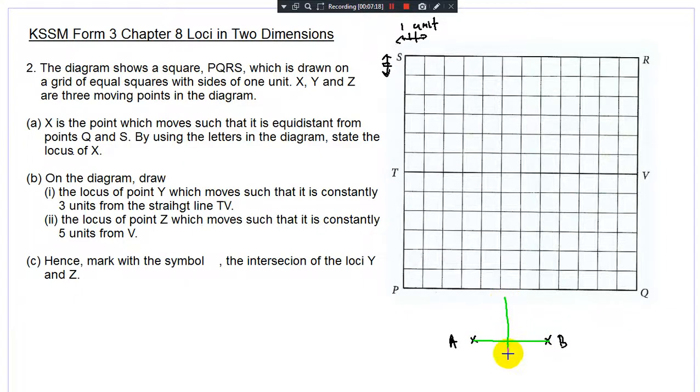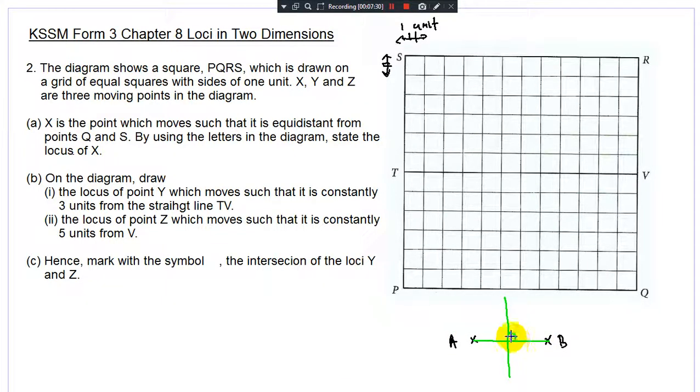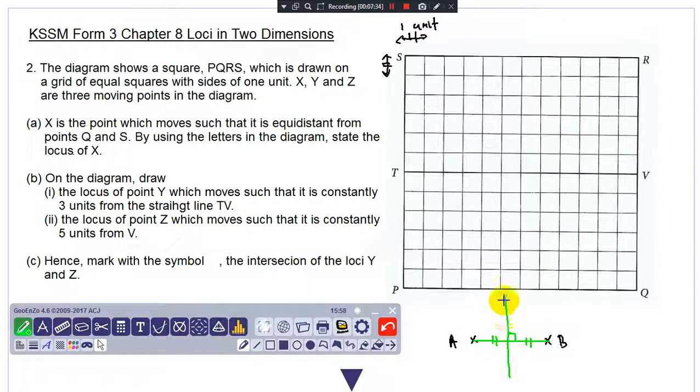The locus over here is the locus for the point which moves and is always equidistant from point A and point B. So this is a right angle and these two are equal length, perpendicular bisector. But in this part, we don't have to construct because we just need to state by using the ladder in the diagram, state the locus of X.